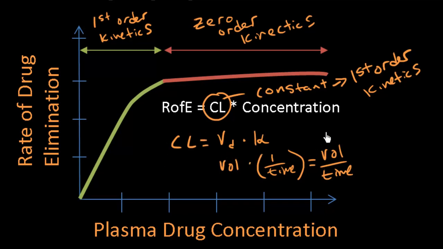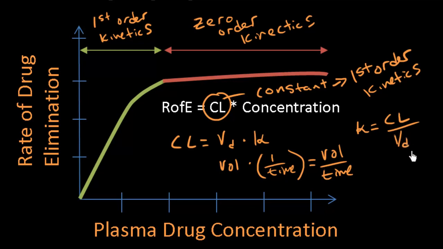Now I want to be clear here, no pun intended, that we don't really use this equation to solve for clearance. This equation is really used for us to get a sense of that first order elimination rate constant, which is equal to the clearance divided by the volume of distribution. This here makes sense to us because as our clearance is increasing, more volume per unit time, the rate of elimination will also go up.